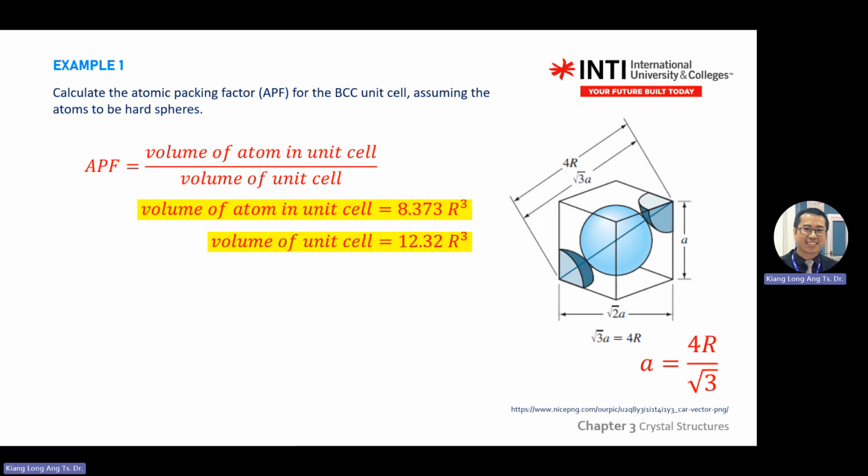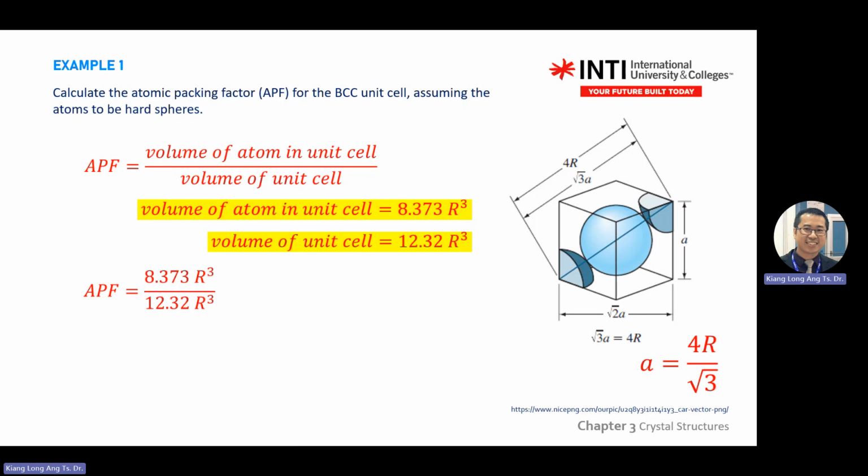Capital R is the radius of the sphere. It depends on different elements, they have different R values, right? But if you do the calculation, 4 divided by square root of 3 is 0.68, if I'm not mistaken, right?